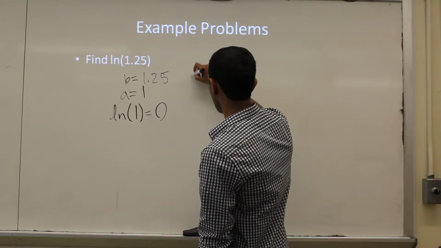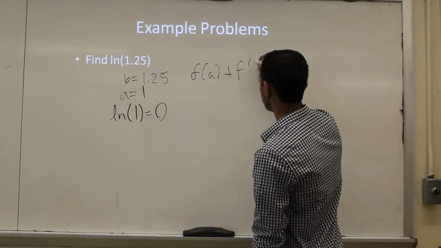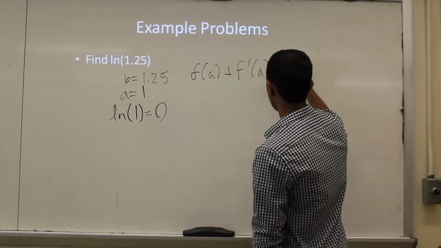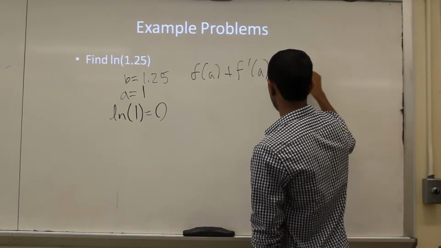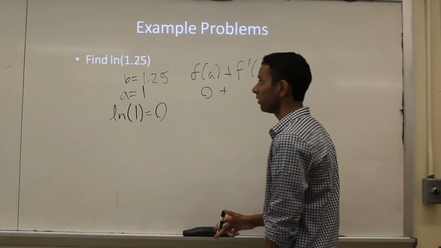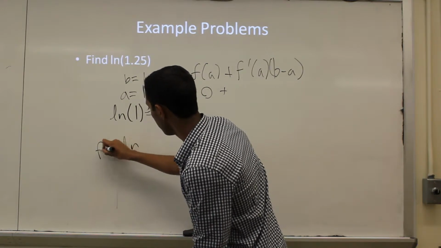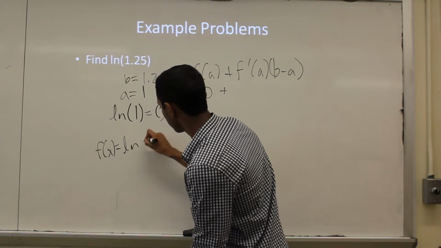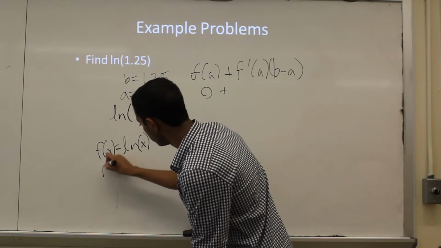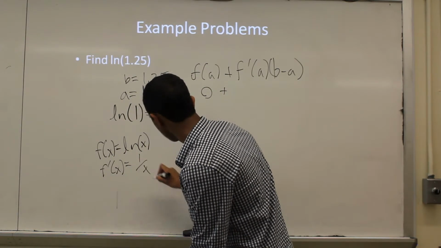So knowing that, using the structure, you have f of a plus f prime at a times b minus a. f of a is 0. f prime of a, well, if f of x equals ln of x, then the derivative, or f prime of x, would be 1 over x.